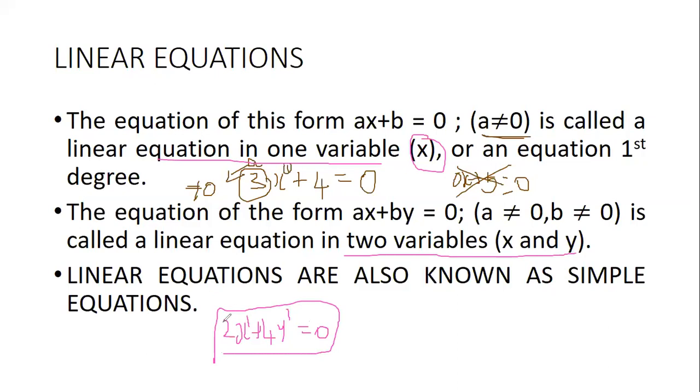Moreover, you have to check that this value, A, and this value, B, should not be equal to 0. So you cannot have an equation saying 0x plus 0y is equal to 0. This is not a linear equation. If A and B are not equal to 0, then there is no problem. You can go with the linear equation.